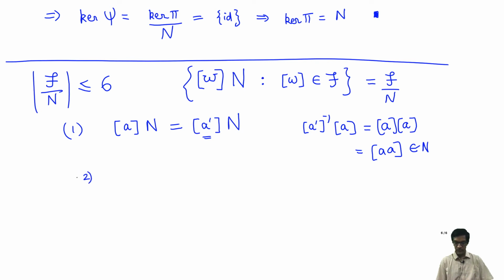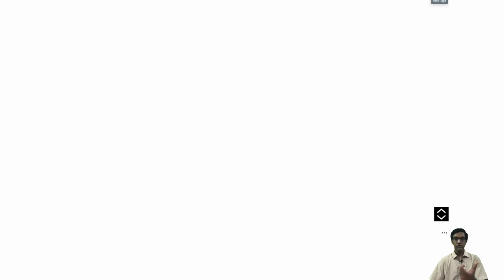Similarly, the same thing holds for b. Same proof, bN is the same as b prime N. So these are two examples of different words which give you the same coset. And in fact, here's the general fact again, a general fact about cosets of normal subgroups in groups.